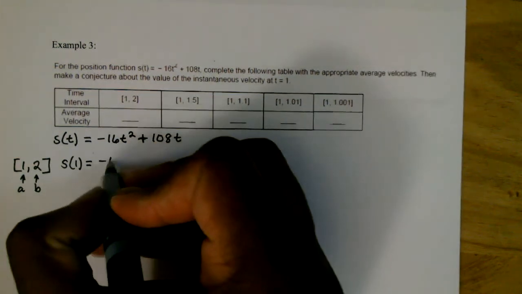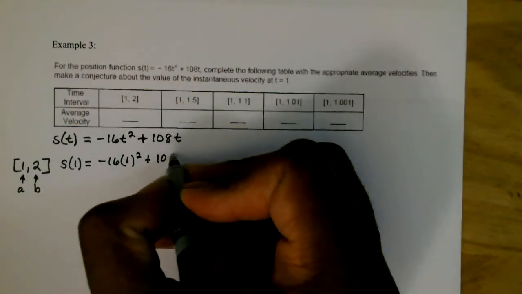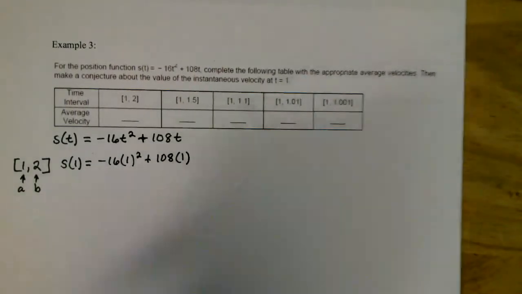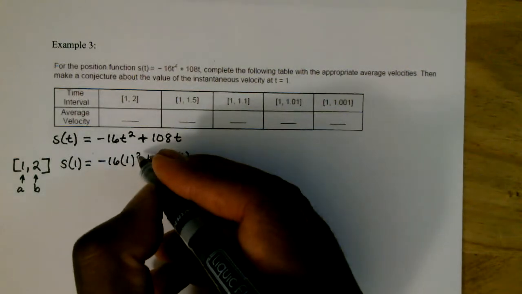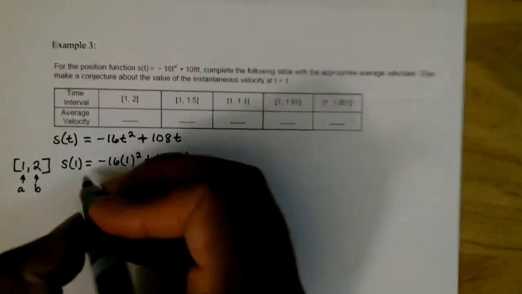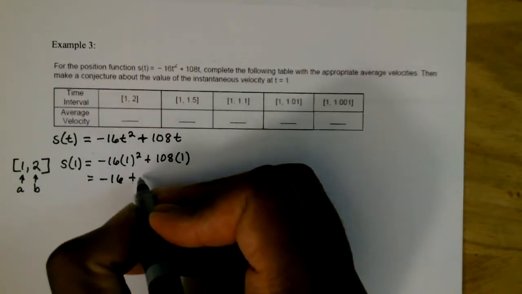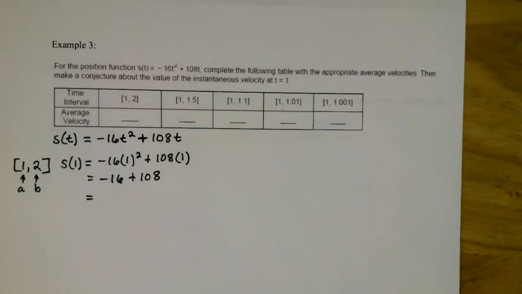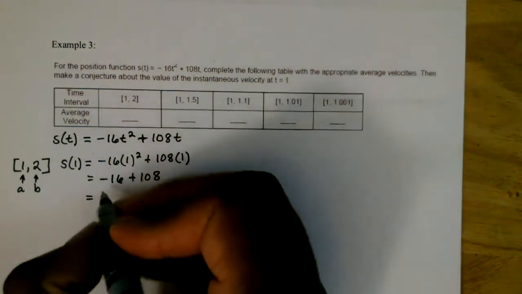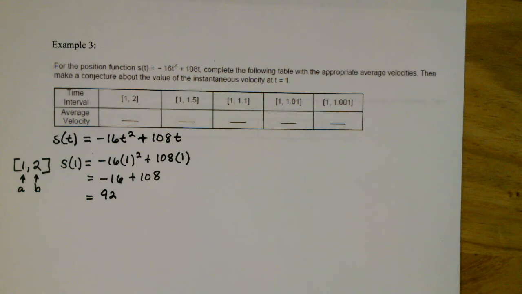So it'd be negative 16 times 1 squared plus 108 times 1. Squaring the 1 and multiplying by negative 16 gives negative 16, plus 108 times 1 would be 108. Negative 16 plus 108 would be 92. So S of 1 would be 92.